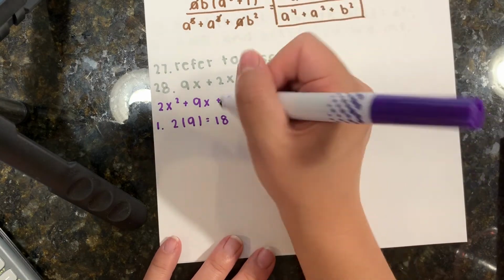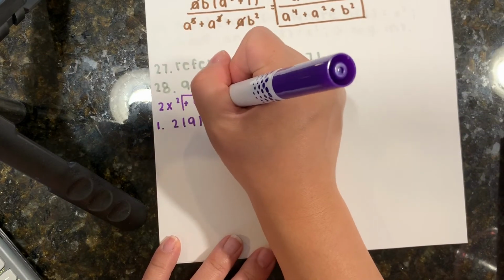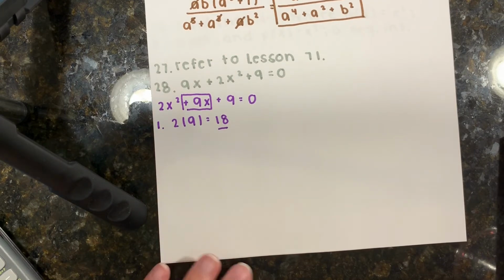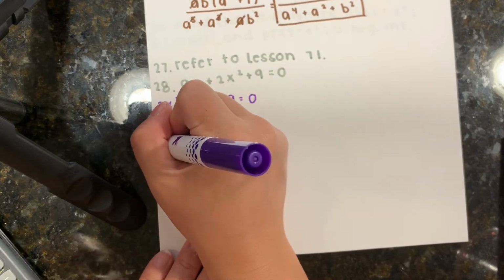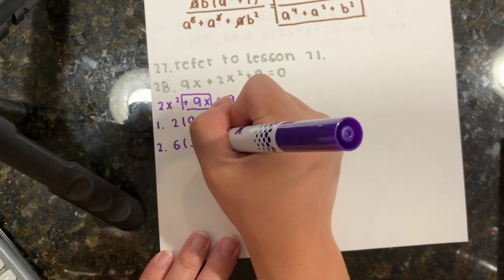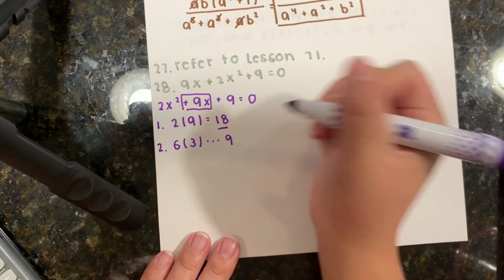Now I need to find 2 numbers that multiply to give me this number, but add up to give me this number. Obviously, 2 plus 9 is not going to give me 9. And 18 times 1 is not going to do that. So my next option would be 6 times 3.